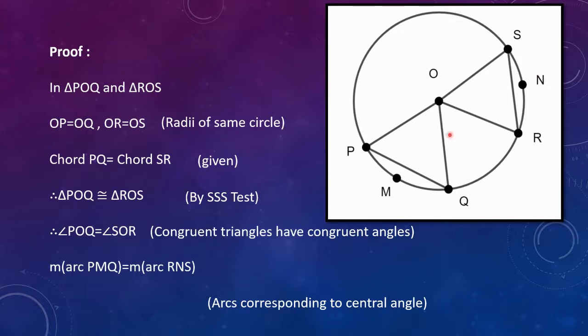Since the angles are equal, the corresponding arcs will also be equal. Therefore, measure arc PNQ is equal to measure arc RNS. Arc PNQ is the arc corresponding to angle POQ, and arc RNS is the arc corresponding to angle SOR. So, since angle POQ is equal to angle SOR, arc PMQ will be equal to arc RNS.